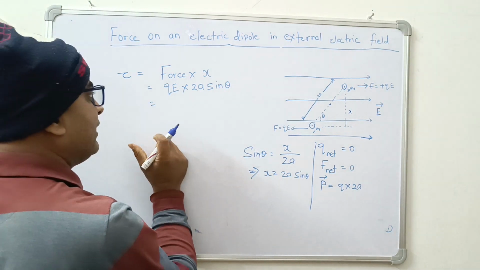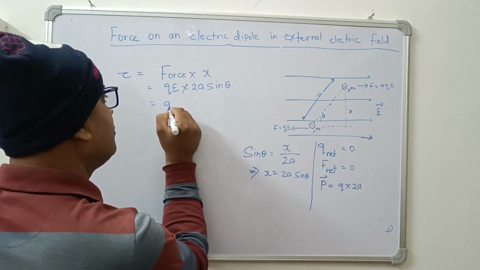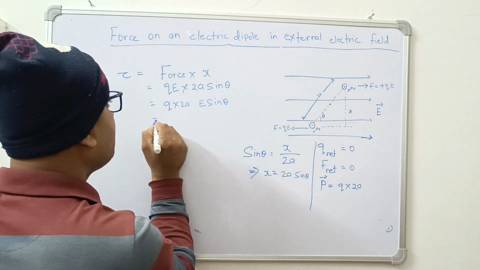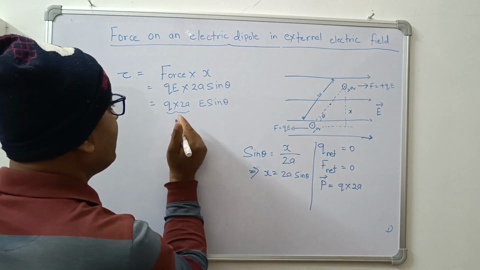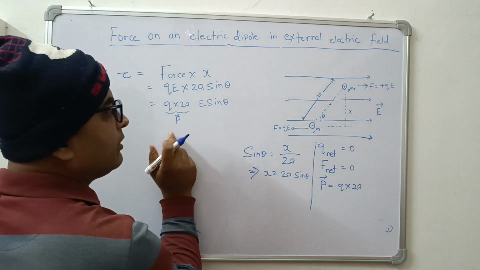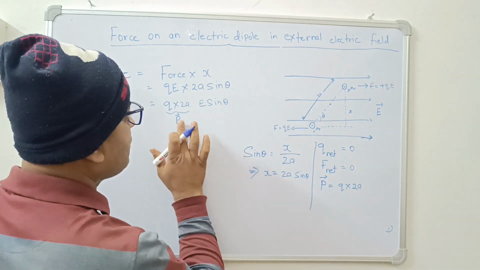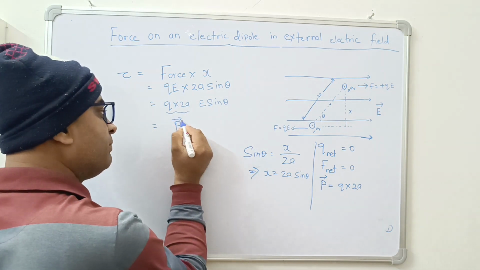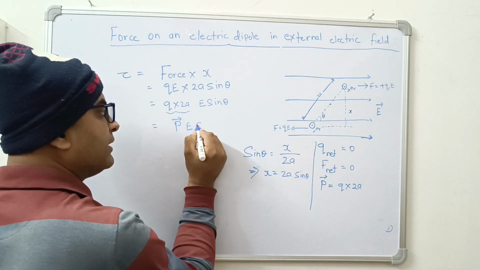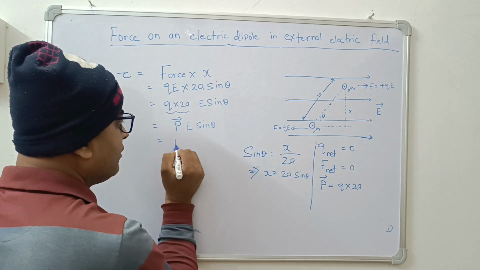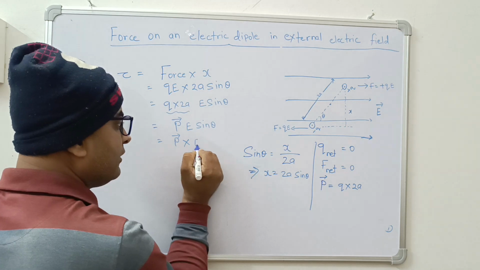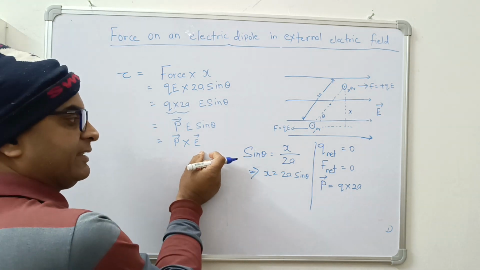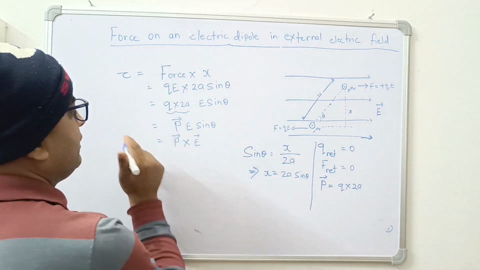If you write q into 2a, E sine theta, then q times 2a is nothing but your electric dipole moment P, as you can see here. So you can write this as P E sine theta, which you can write as P cross E, the electric dipole moment cross product with E, the electric field intensity, which gives you the torque.